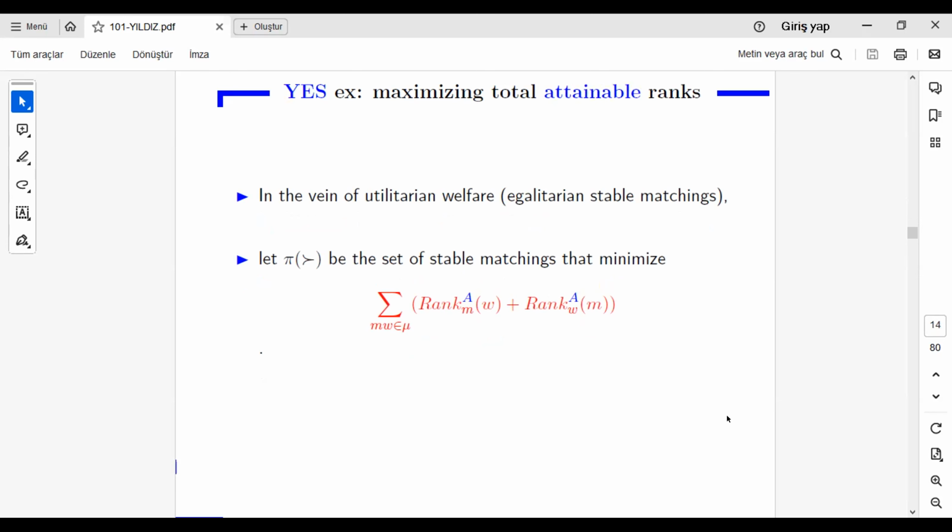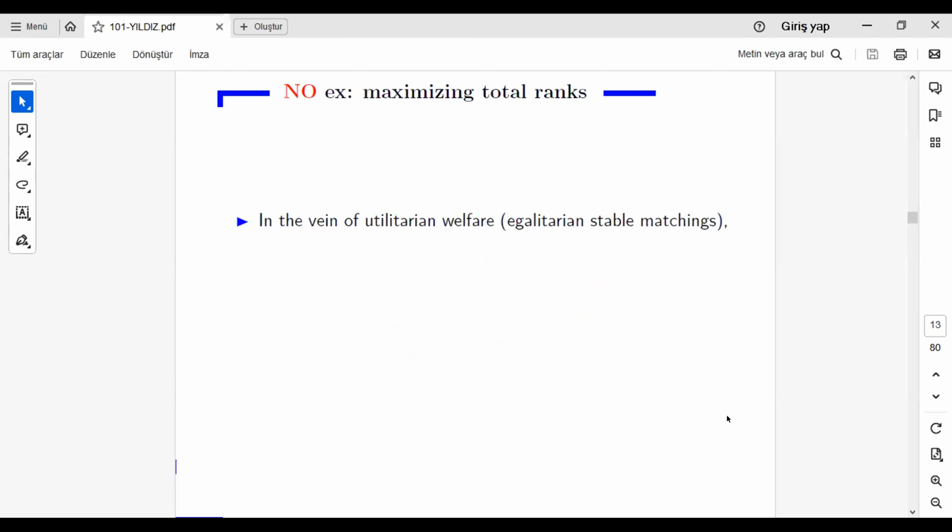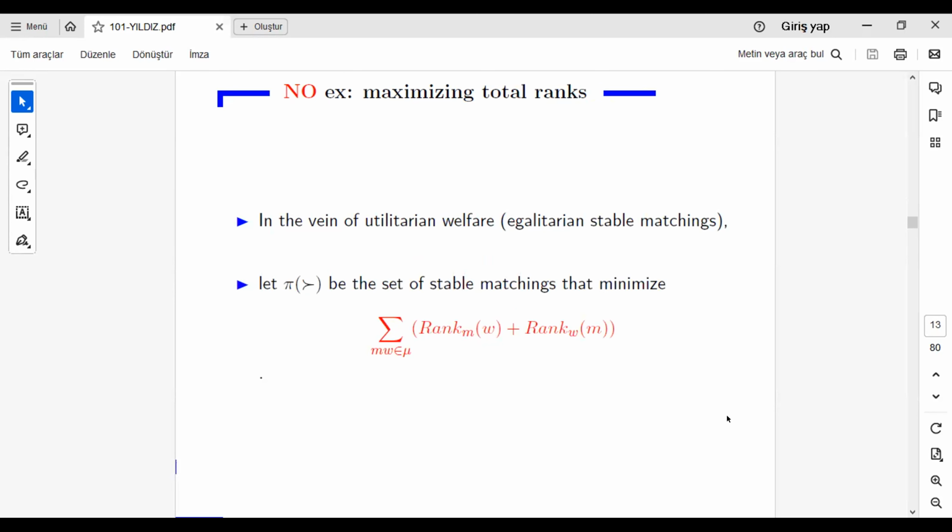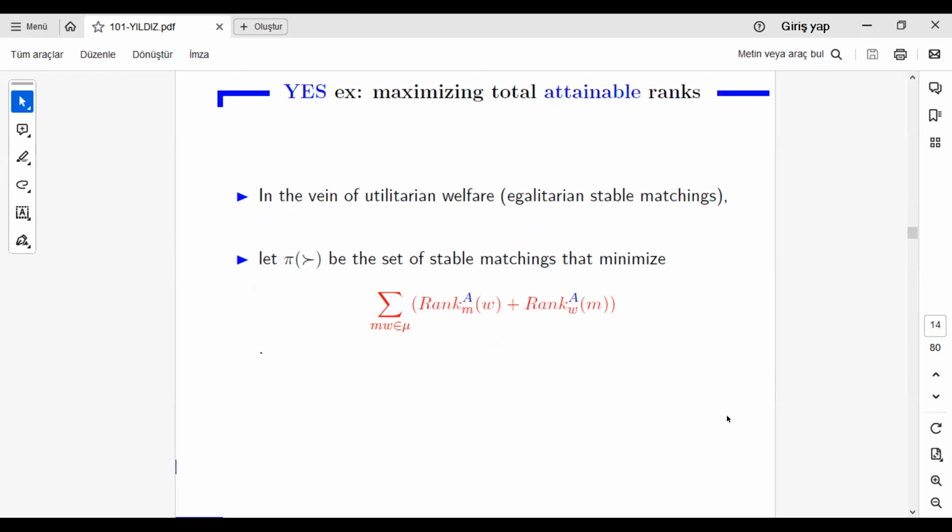As I mentioned, the egalitarian stable matching, we can be very critical about that because it doesn't obey invariance under stability. But in the same spirit, we can measure the rank achievements among the attainable ones, restricting ranking to among the attainable ones.